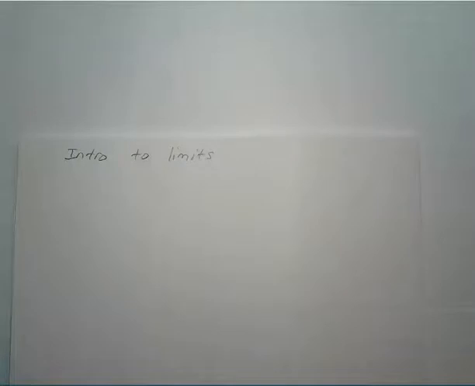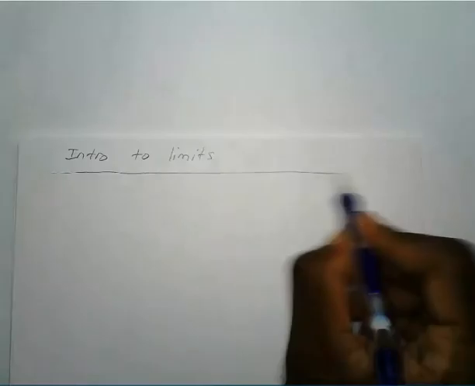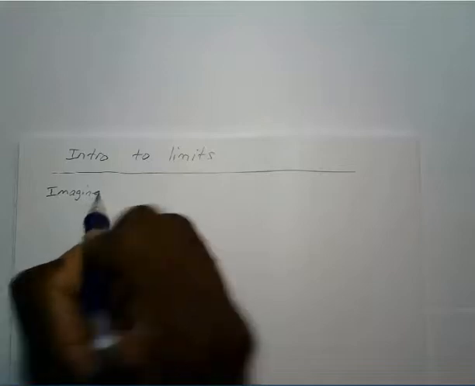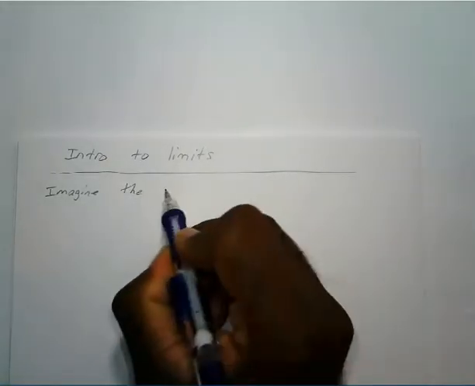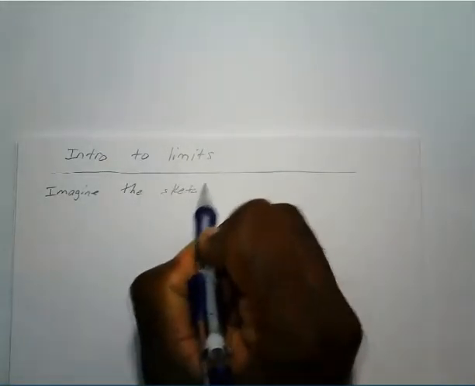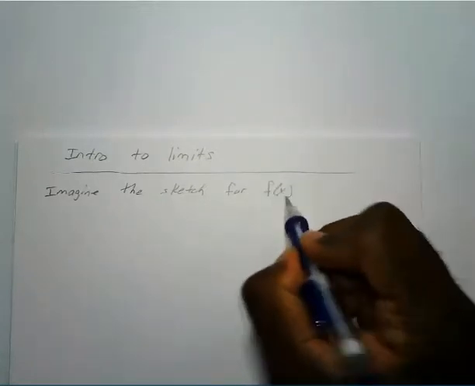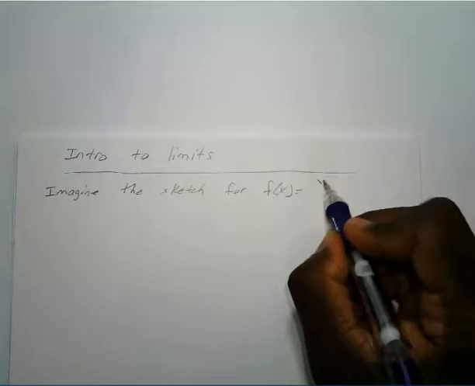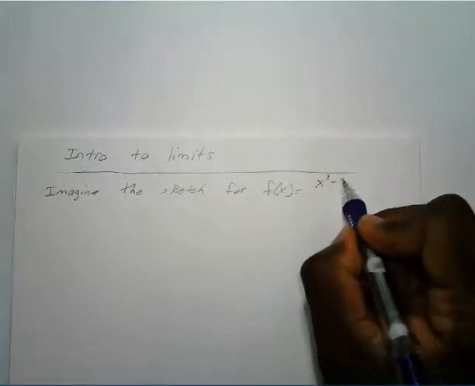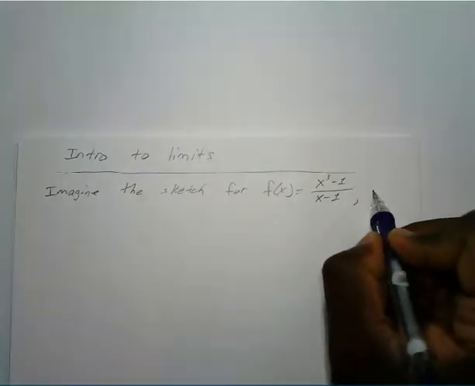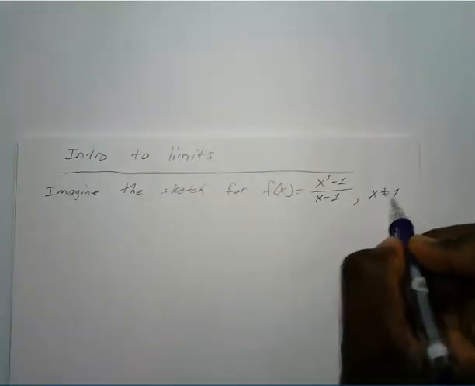So to explain the idea behind limits, first imagine the sketch for f of x equals x to the third power minus 1 all over x minus 1, given that x cannot equal 1.